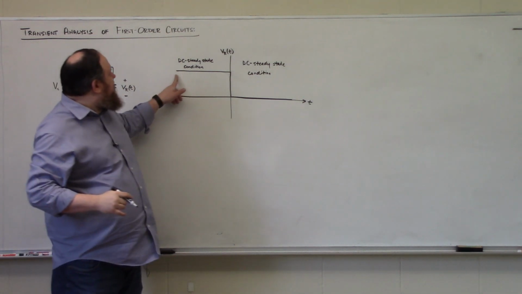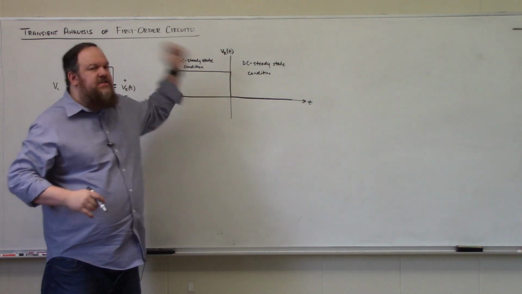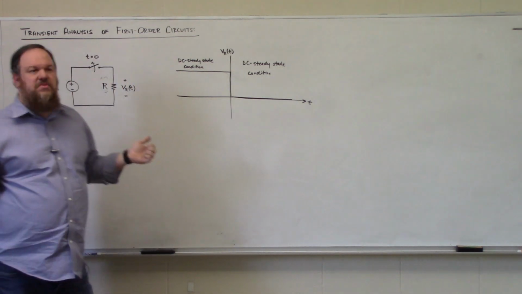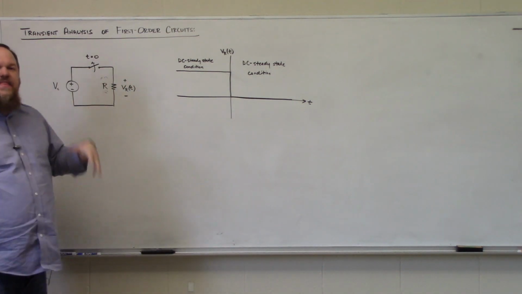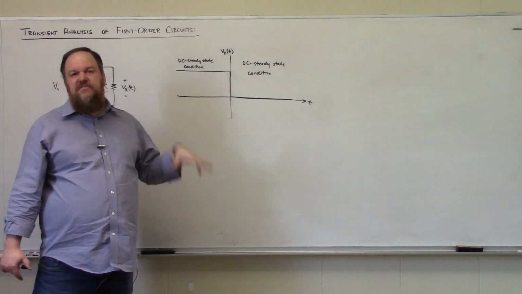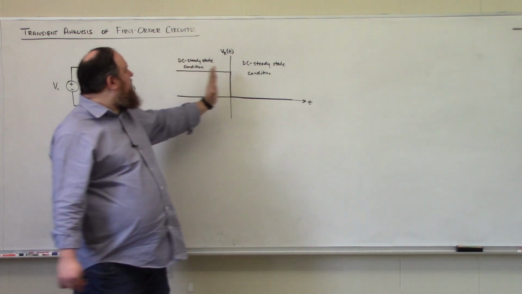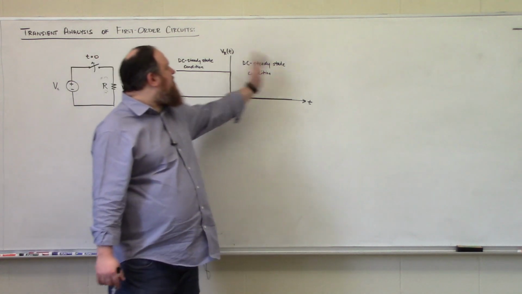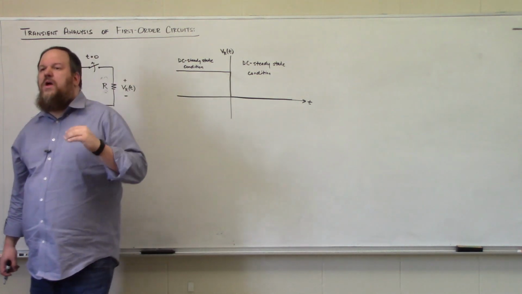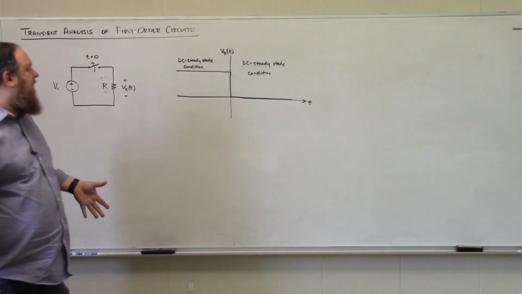So we see that our voltage is constant until we interrupt that voltage supply by opening that switch, and then we see that our voltage immediately falls down to 0. So we have a DC steady state condition on the left-hand side of 0, and another DC steady state condition on the right-hand side of 0, okay?